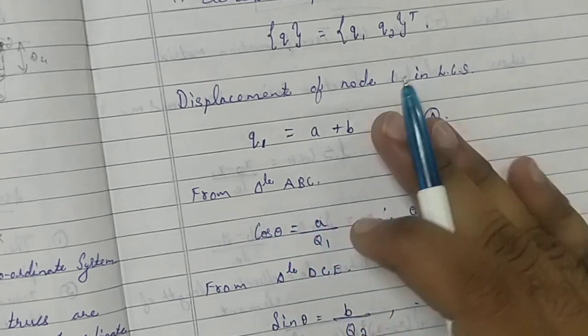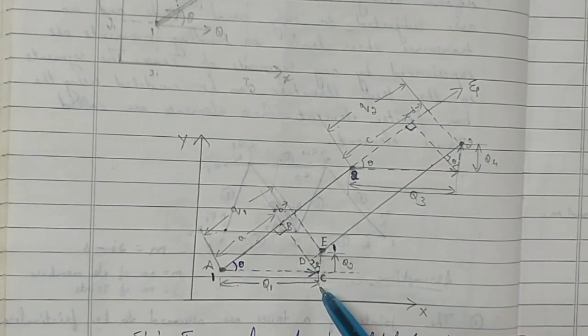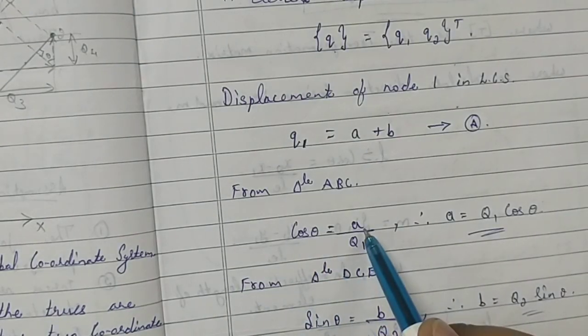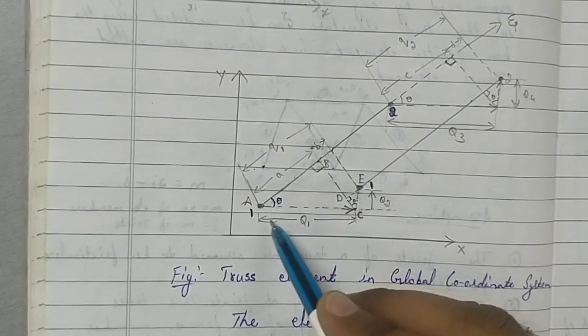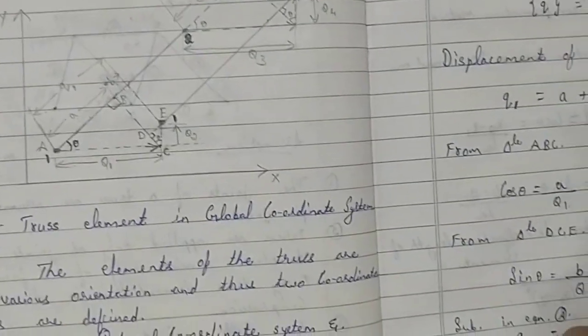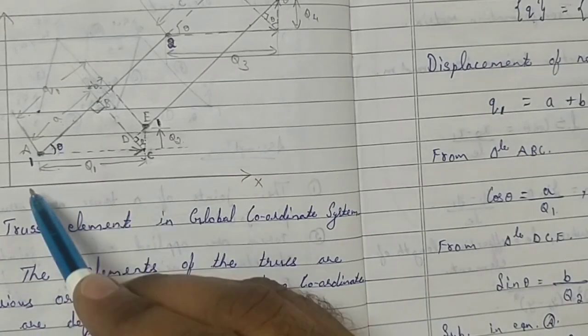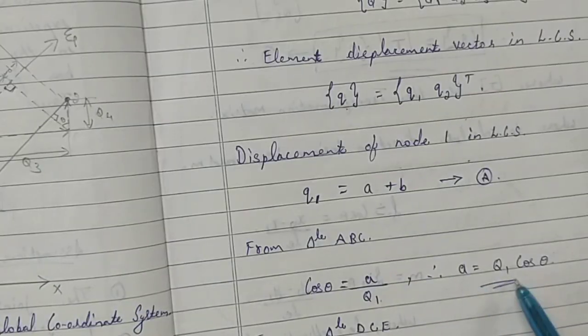Next, from triangle ABC, cos theta is equals to adjacent by hypotenuse. This is 90 degrees, so this will be hypotenuse. So a by q1, you can see here. So a is equals to q1 cos theta.